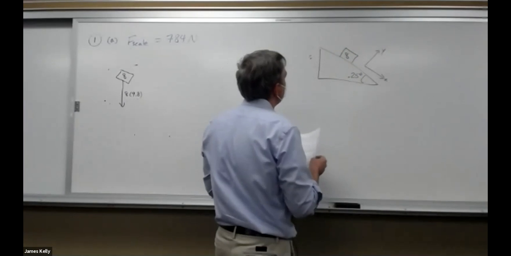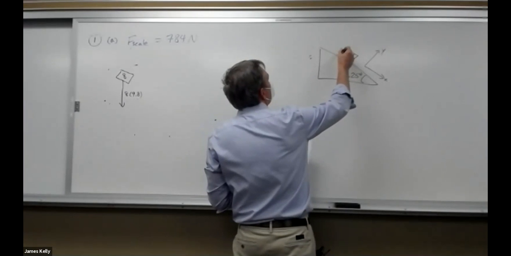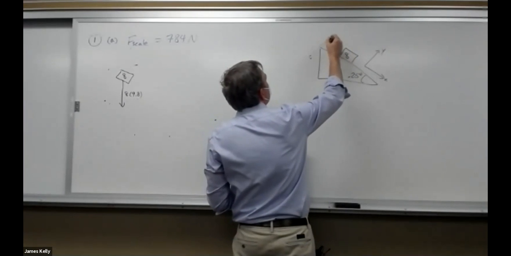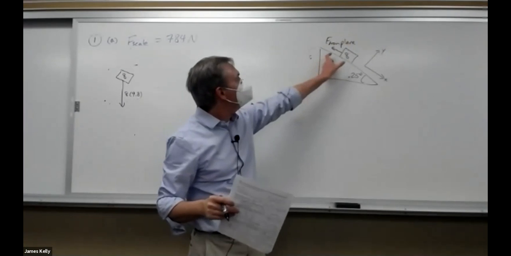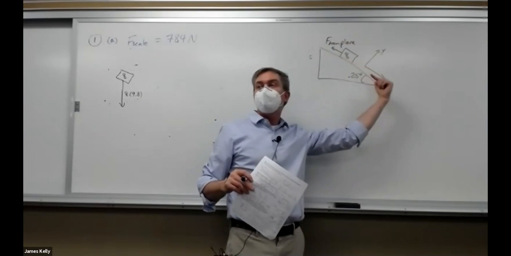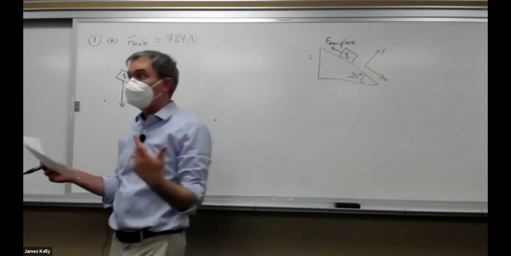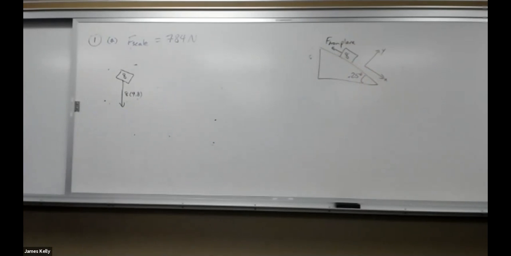You can imagine if the plane were exerting a force, maybe I'll write this, F from plane. If it were like that, that force would serve to slow it down as it was going down. That's what friction does, right? Well, that's exactly how we're going to implement a friction force.